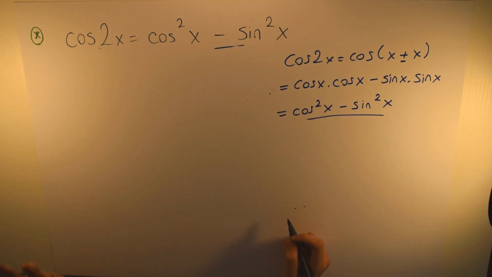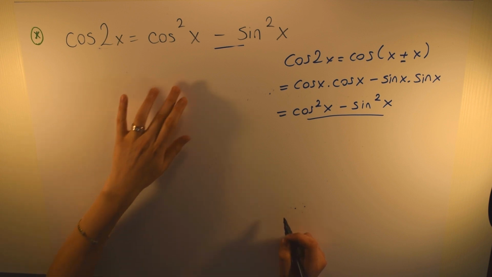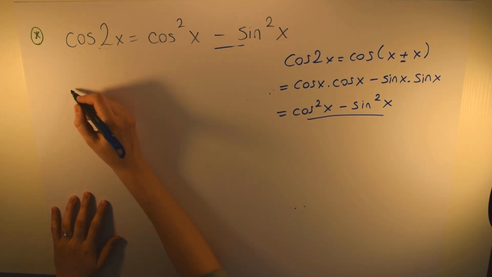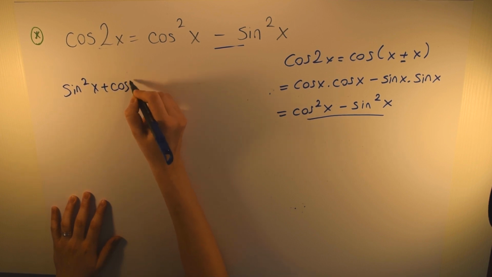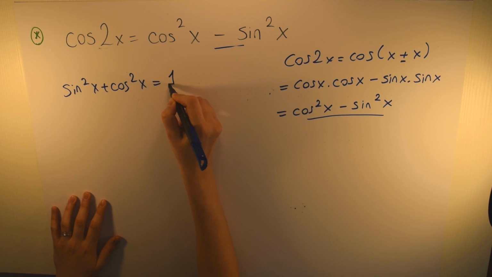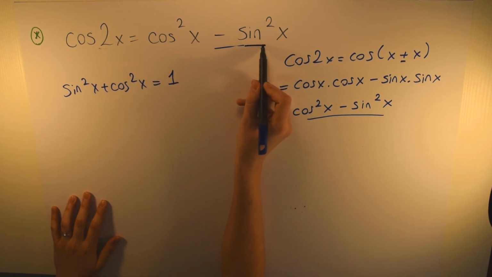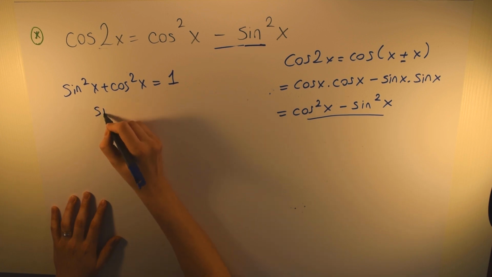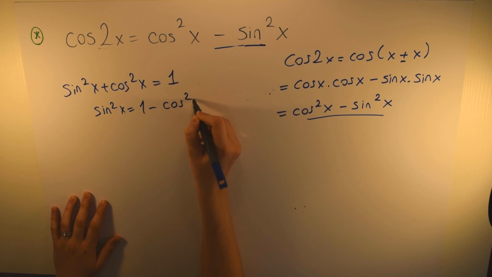Also, there are two other ways of writing this equation. How? We know that sine square x plus cosine square x is equal to 1, right? So here, instead of sine square x, I can write 1 minus cosine square x, right?